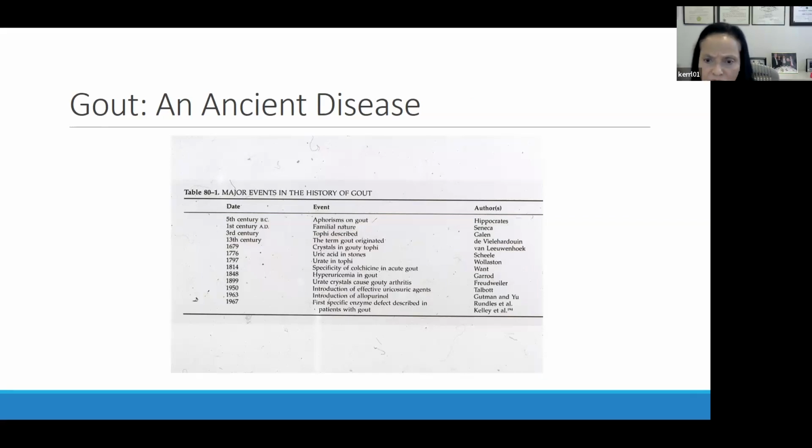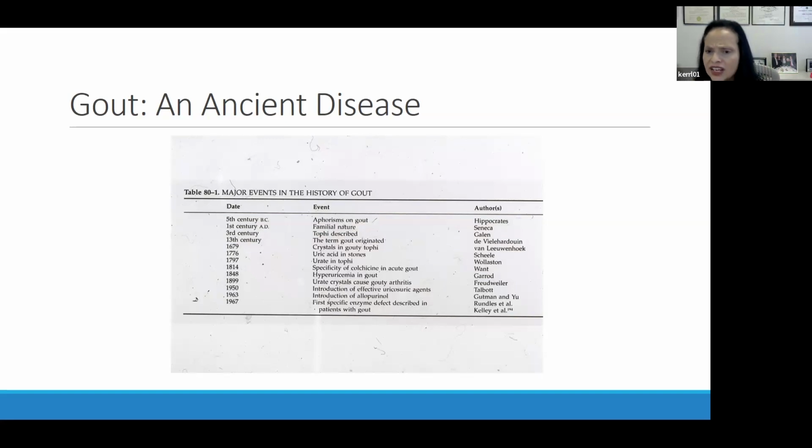It appeared to run in families. We've known this since the 1st century. Tophi were described in the 3rd century. Crystals were seen in the tophi in 1679 with the advent of microscopy, as well as in tophi 100 years later. We had therapies that have withstood this test of time, colchicine since the 1800s.